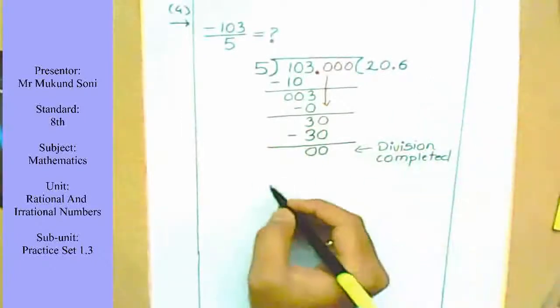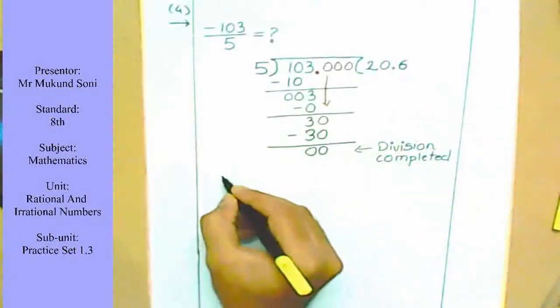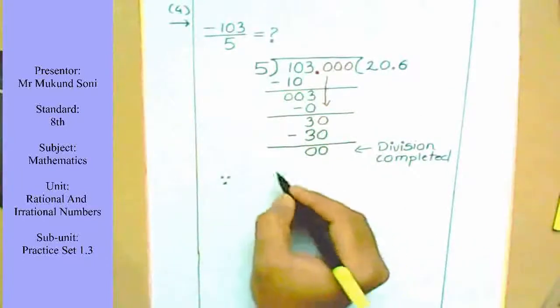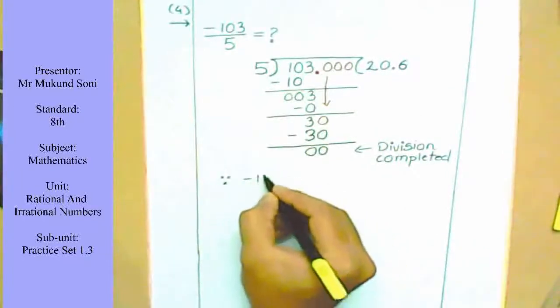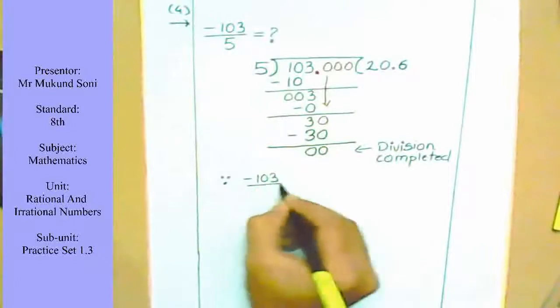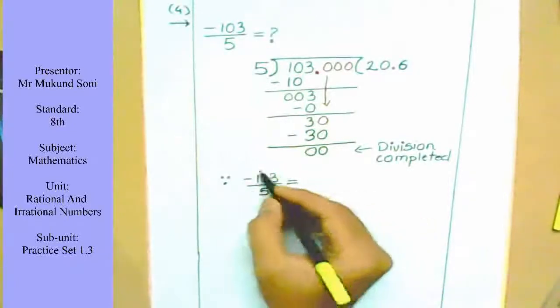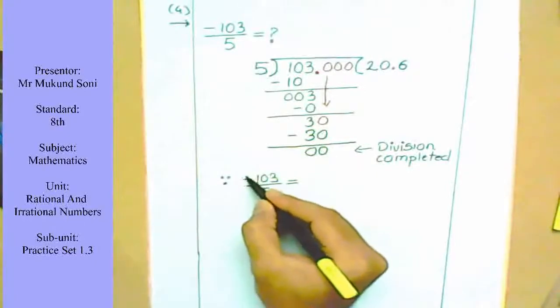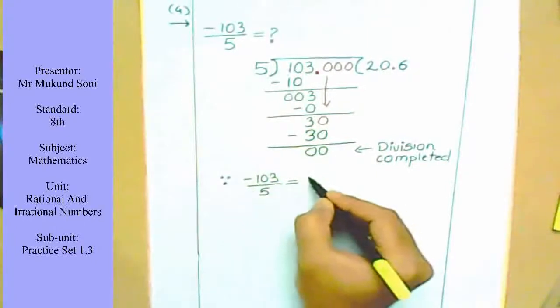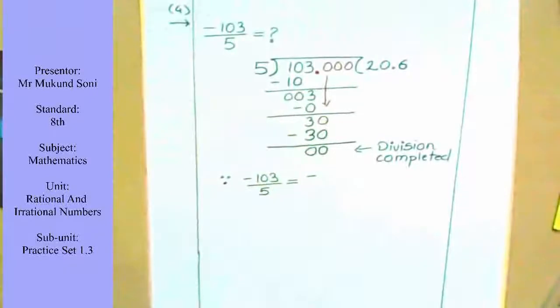Now let's write the final answer, where our given question is negative 103 divided by 5. In the answer, we will keep the negative sign as it is. Keep in mind, we keep our negative sign as it is.